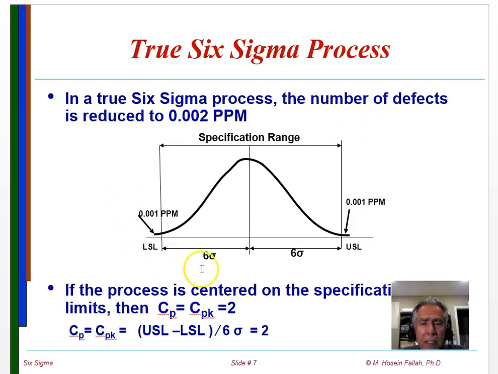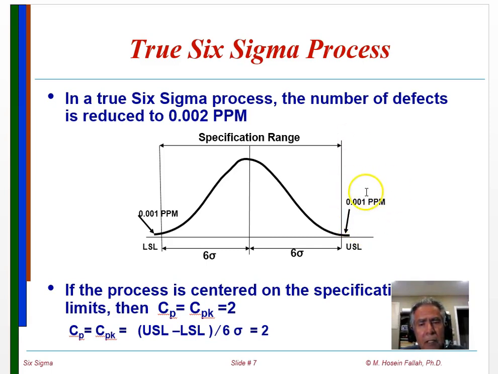I've depicted that in this chart, where we're not making any allowance for the shift in the mean, and so 6 standard deviations of variation on the left side of the mean and 6 standard deviations on the right-hand side still fall within the specification limit, and so the output is totally or almost flawless all the time.